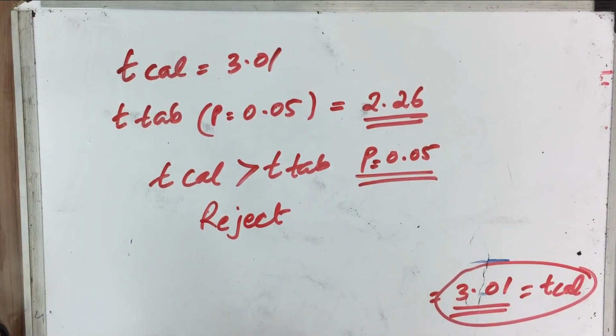In other words, there is a significant difference in the rainfall in the two places in the last 10 years, 2010 to 2019. So we reject this hypothesis because the calculated value is much higher than the table value. So this is how we calculate the paired t-test. So this has got many applications, as we began saying in the very beginning, that we can compare things.